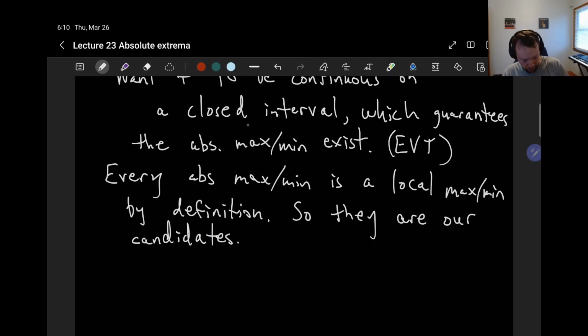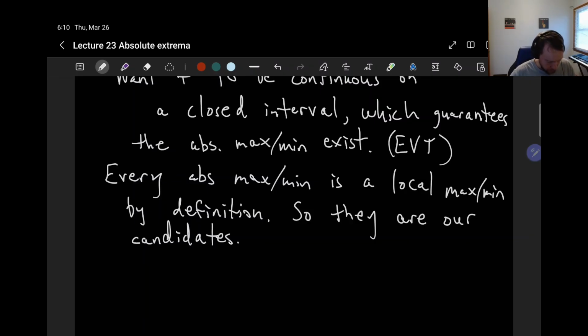We know that the absolute max and min exist, and we know that it's going to be from this list here. So essentially, the local maximums and minimums narrow down our search. We know that they're there, and then finding the local extrema narrows our search.